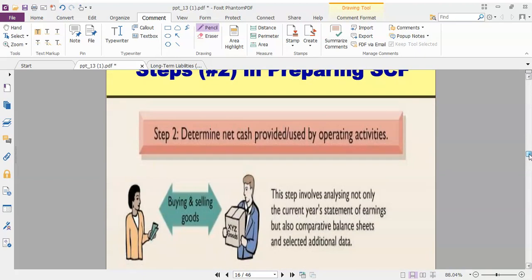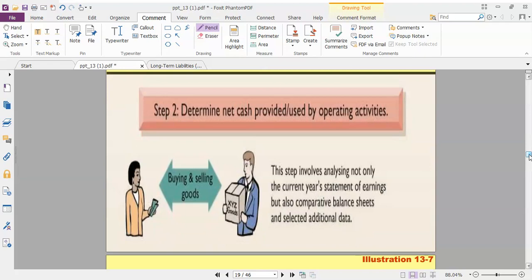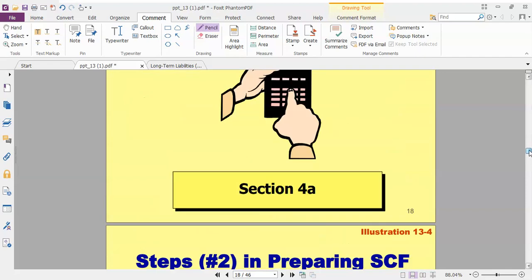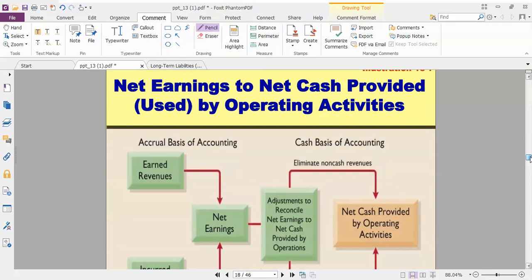Okay, step number 2, determine the net cash provided by operating activities. Okay, so what are the activities included under operating? Buying and selling goods. This step involves analyzing not only the current year statement of earnings, but also the comparative balance sheet and selected additional data. Okay. Okay, this is the net earnings and also net earnings to net cash provided by operating activities.